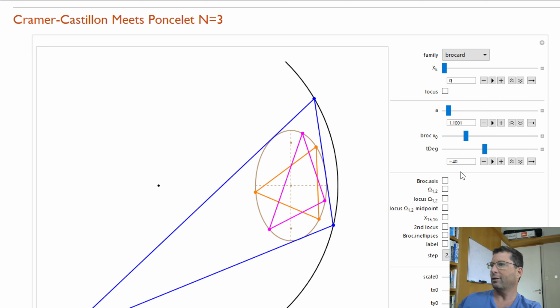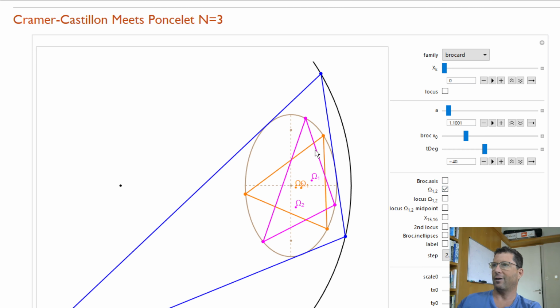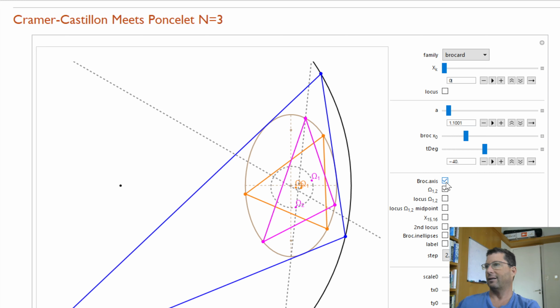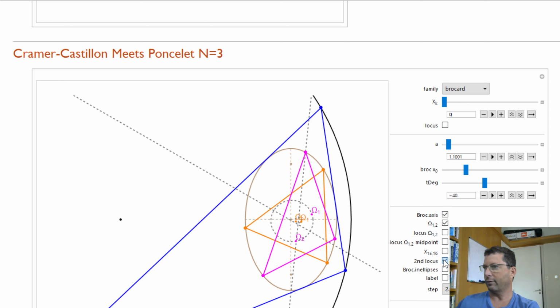And when you start turning on the objects, for example, first thing, let's turn on the Brocard points of these two Cramer-Castillon solutions. They're not shared. How about their Brocard axes? Am I drawing both here? Oh, okay, this is obvious.